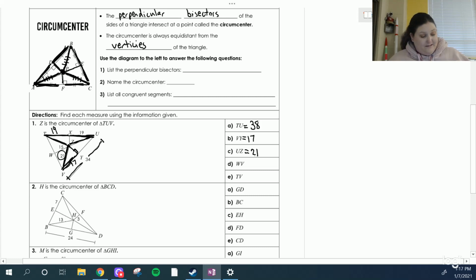Next one is WV. WV is right here. To find WV, I am going to have to use my 2 values that I have here and here. So 15 is A and 21 is C. So I'm going to set up my Pythagorean theorem.